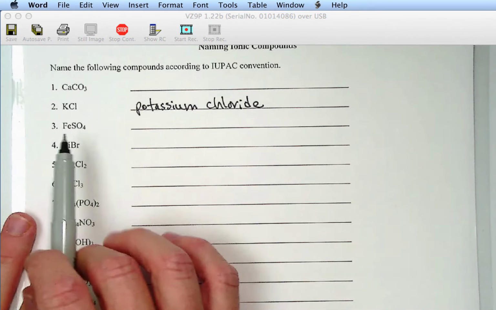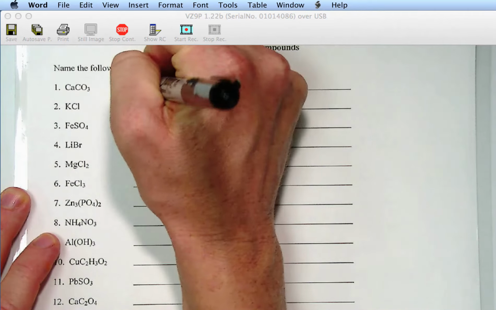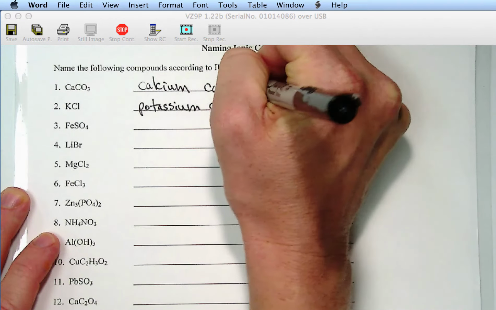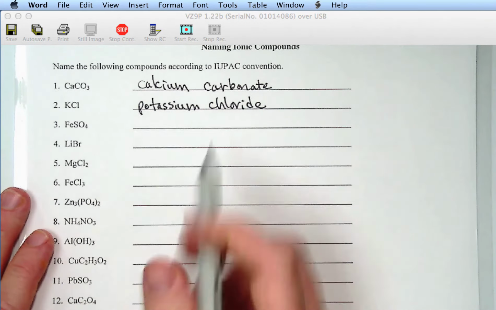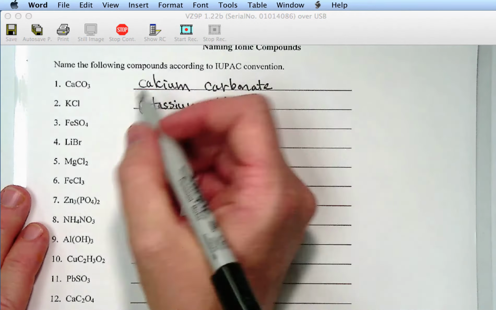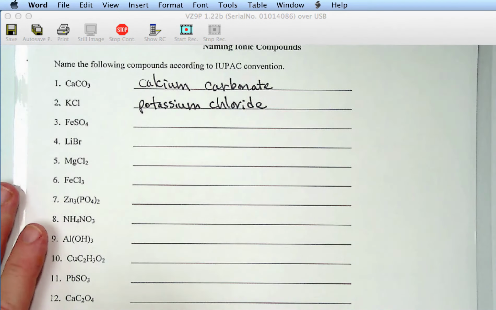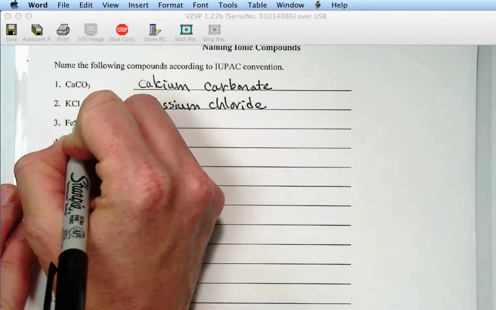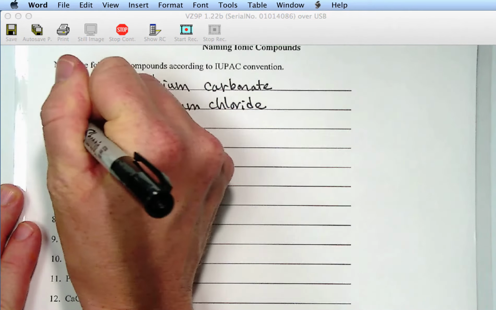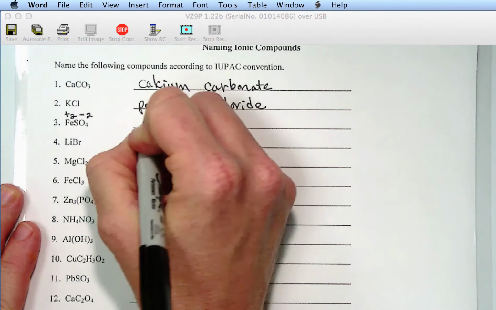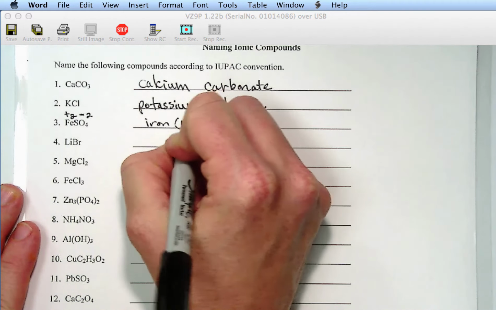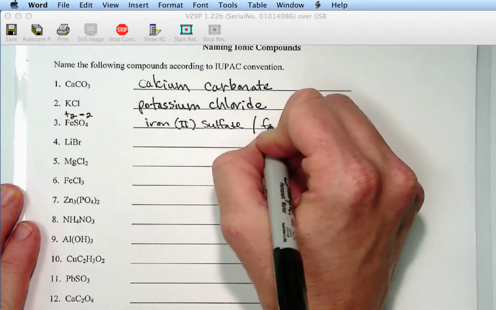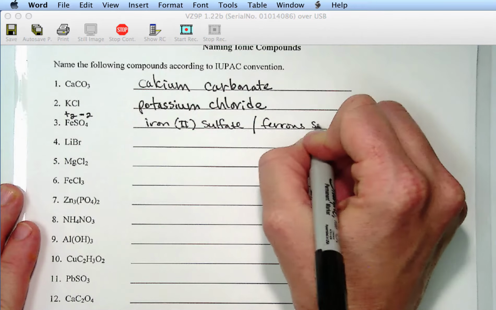Okay, so the first one is calcium carbonate. Number 3, this is where knowing your polyatomic ions is going to pay off tremendously. You know sulfate's -2, so iron must be +2. So it's iron 2 sulfate or ferrous sulfate.